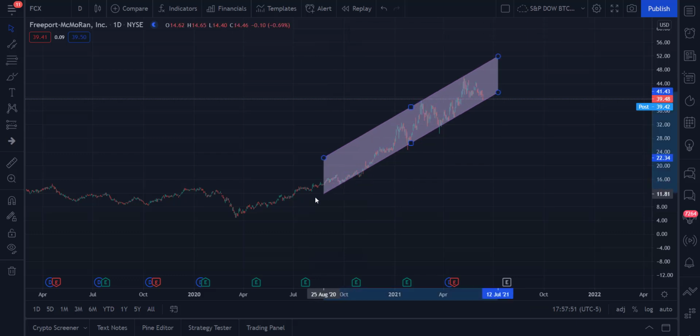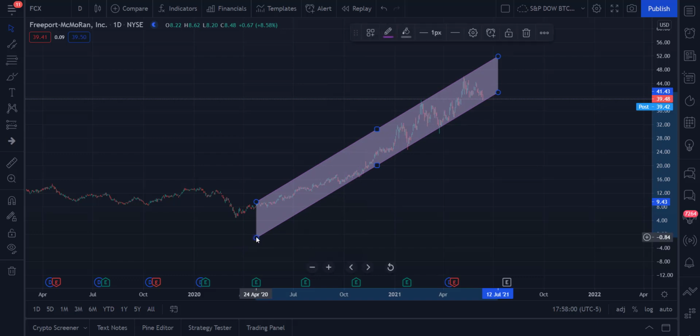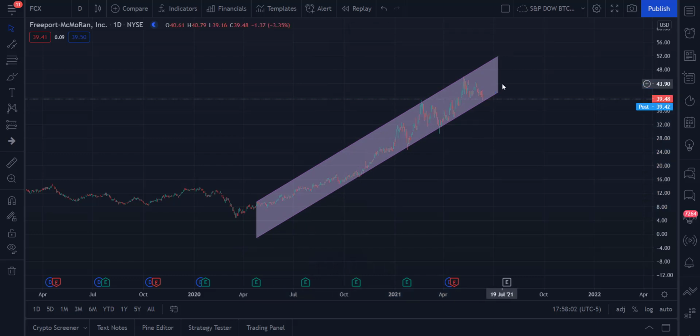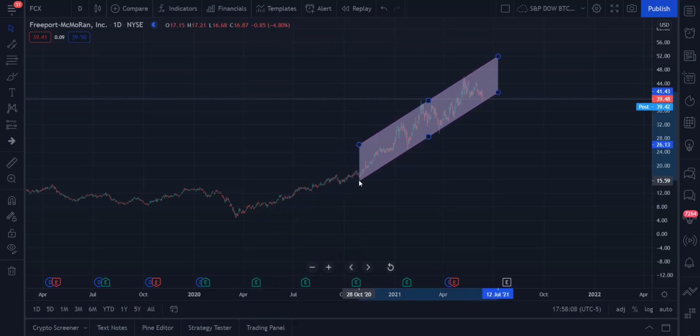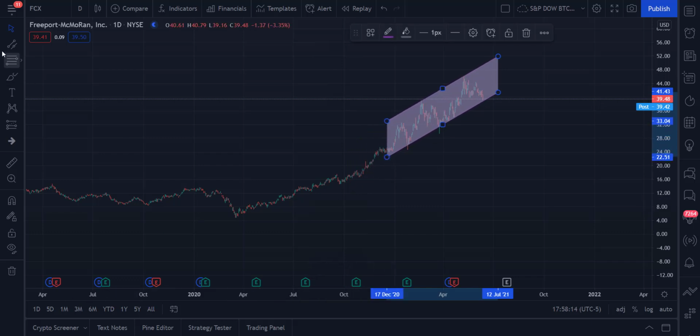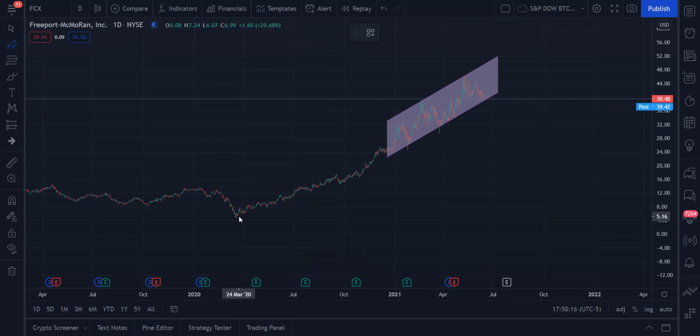What I like about that channel is I actually can bring it all the way down and make this channel encompass a good chunk of the pricing. That's keeping this current sort of slope. Arguably, we shouldn't keep that slope because this was operating under a different one, and it was a much tighter one.